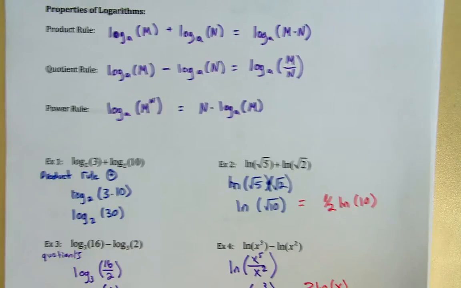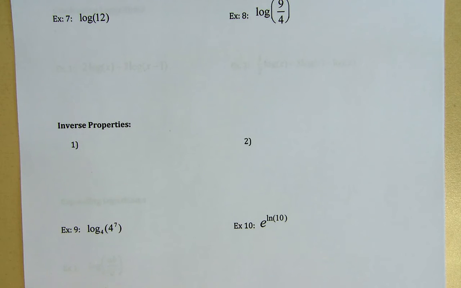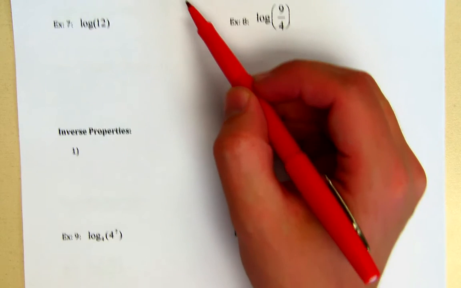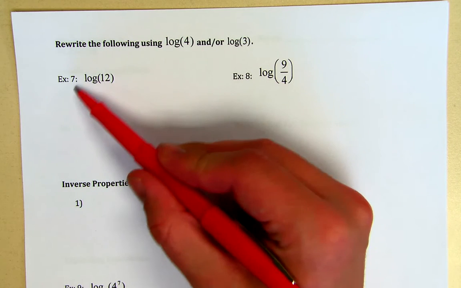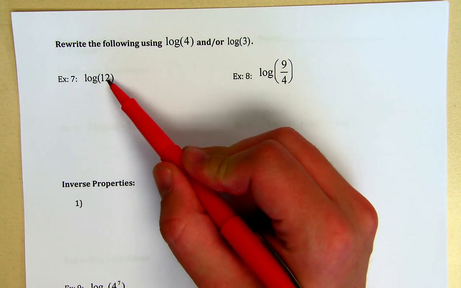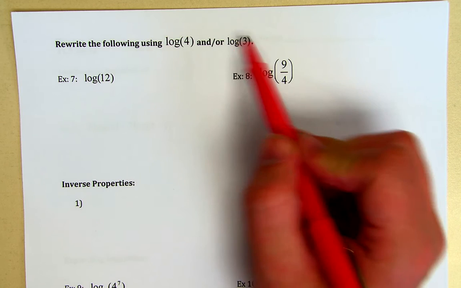You're going to have some problems that say, hey, rewrite the following logarithm using log base 4 and log base 3, or it could be log base 5 and log base 10. That just means, look here and ask, how could I rewrite this logarithm using 4 and 3?